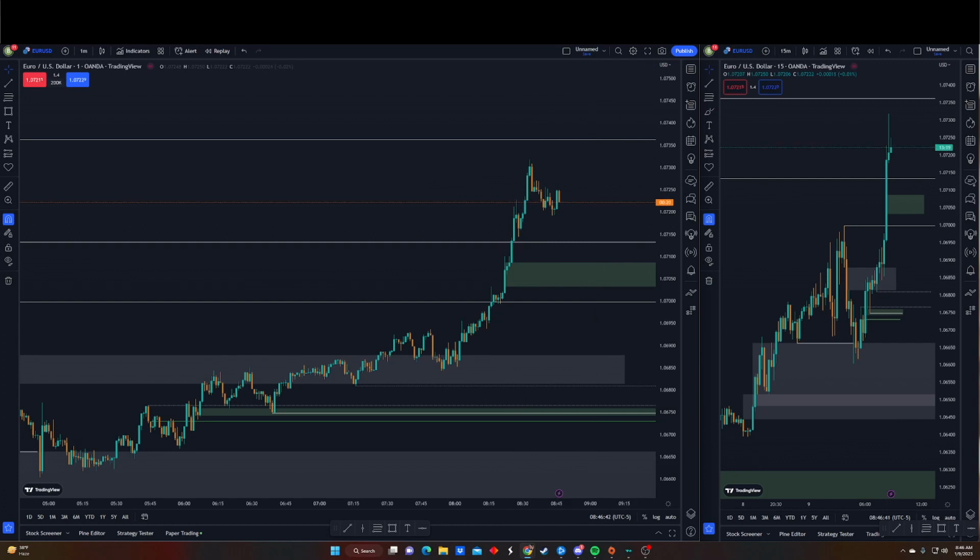I lost my thought. I was going to point out this low. If there's anyone who's long, they're aggressively trailing their stop. They would have trailed it to that low.